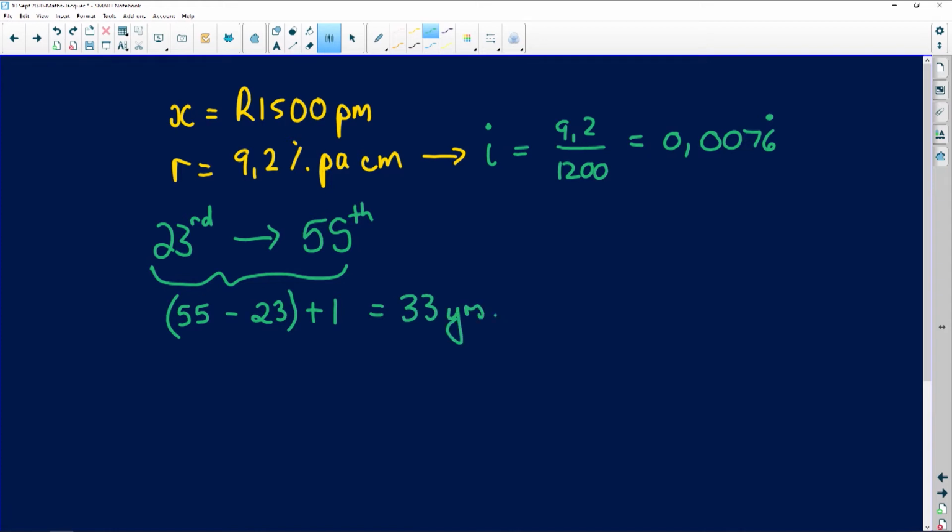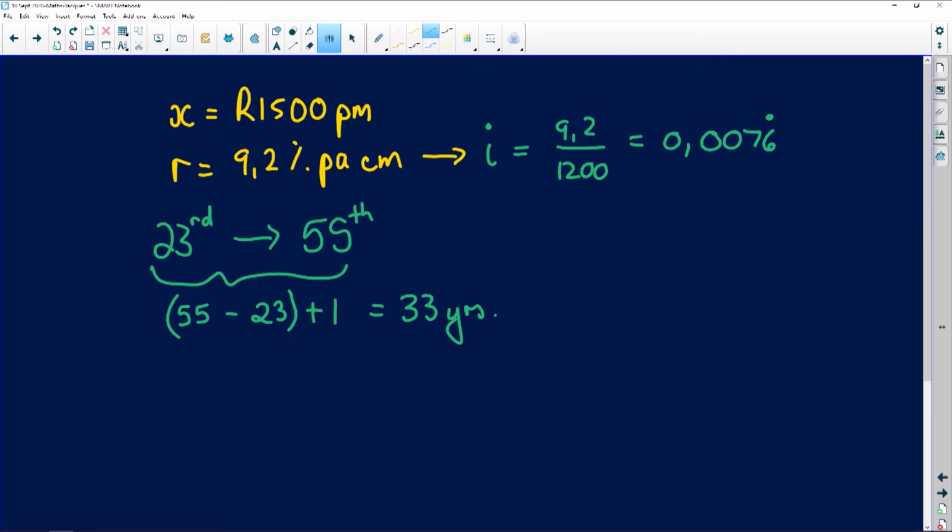Now remember, it stopped 1 month before his 55th birthday. It started on his 23rd birthday. So if it's a timeline, it started at T0, and 33 years multiplied by 12 gives me 396 months.